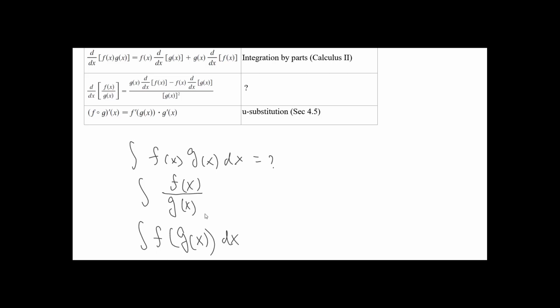Well, the answer is that there isn't any kind of general formula like this. Integration works differently from derivatives. For derivatives, you have the product rule, so you can work this out. For integration, there isn't such a magic formula, and the same goes for quotients and especially for compositions.